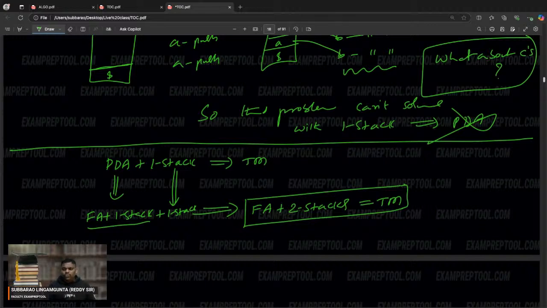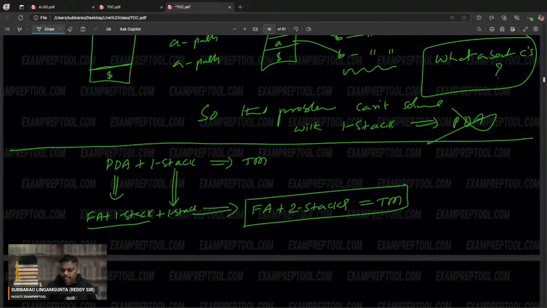We can use two stacks here. PDA plus one stack, because the PDA contains one stack. With one stack we cannot do it. Add one more stack. PDA already contains one stack. What is the PDA? Finite automata plus one stack. Total finite automata plus two stacks, which is known as Turing machine.